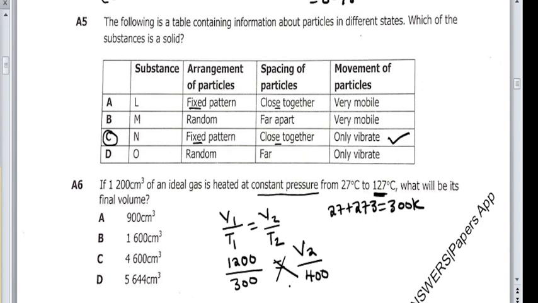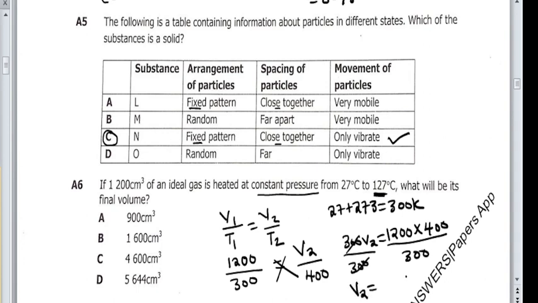Cross multiply. This will be 300 times V2, giving us 1200 multiplied by 400. Then we divide by 300. Even that side we divide by 300. So that will go, that will go.